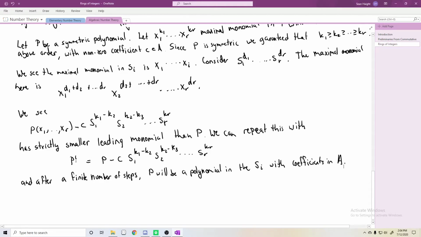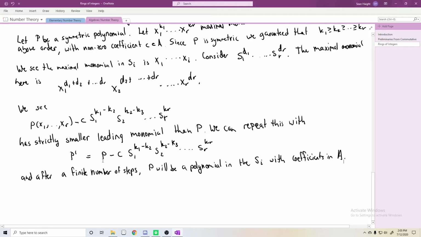P prime has smaller leading monomials, so it's necessarily in the algebra generated by the elementary symmetric polynomials, and then adding this thing over, you'd find that P is also in that algebra. Okay, so there's another way to do it that might make you more comfortable with this whole finite number of steps. This process is guaranteed to terminate because the leading monomial decreases every time, and there are only a finite number of monomials of bounded total degree, for example.